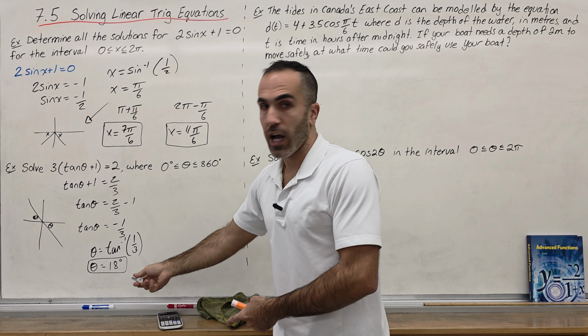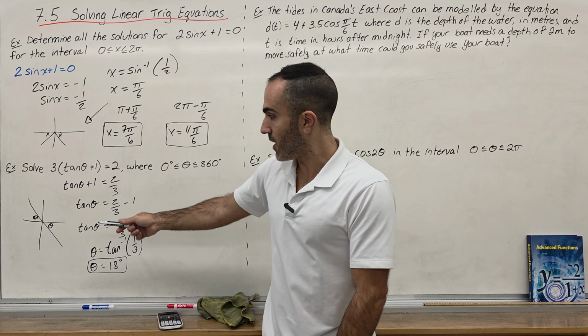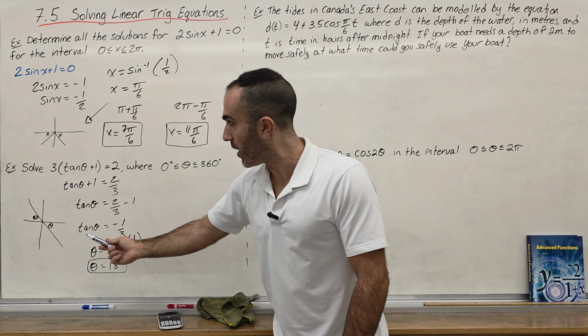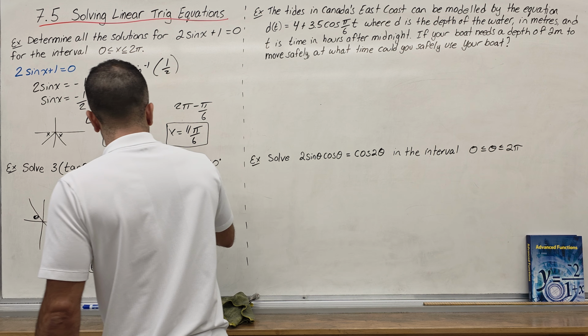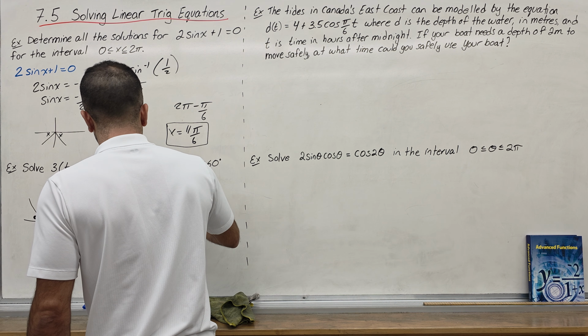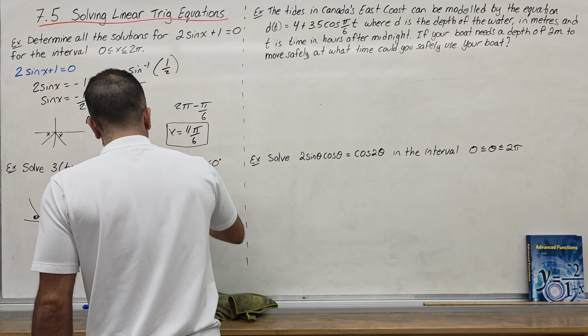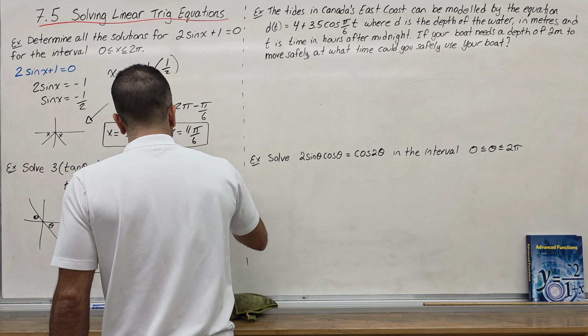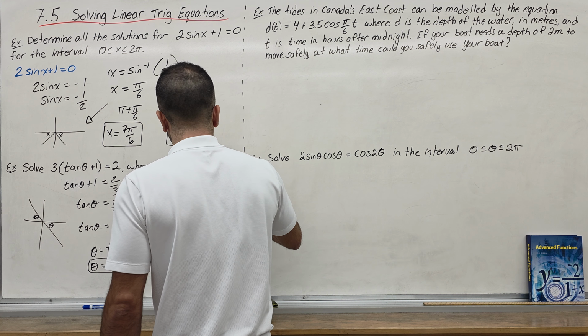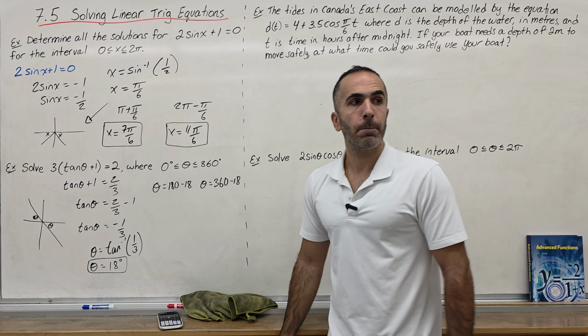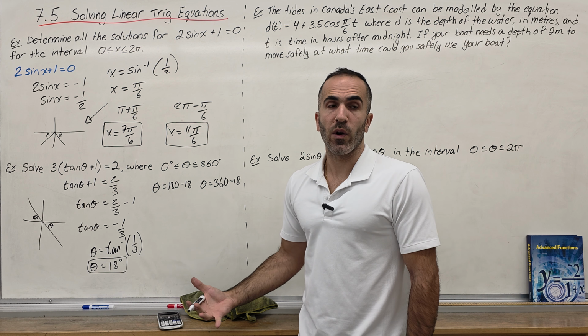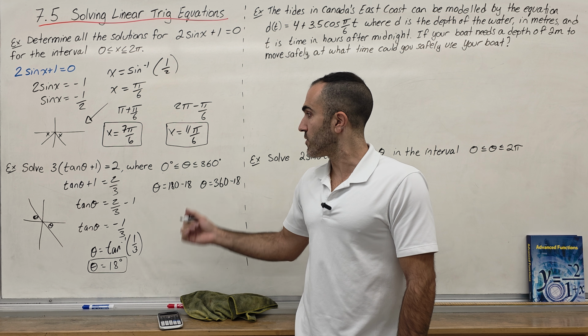Okay, again, this is not my answer. I now have to say pi minus and 2 pi minus. So theta equals pi minus, not pi, sorry, 180 minus 18, and theta equals 360 minus 18. Okay, I've already made that mistake twice, assuming that this question was in radians, so be careful.